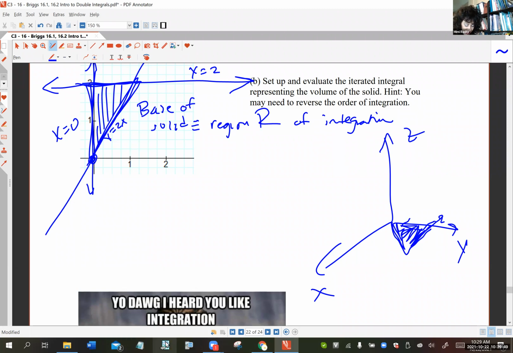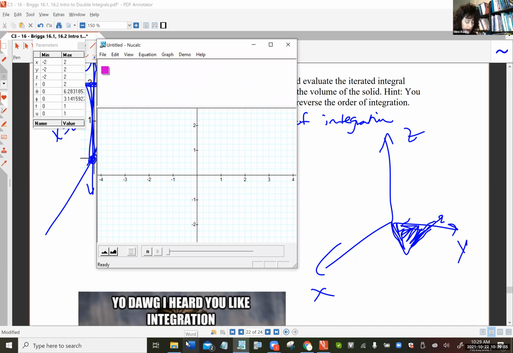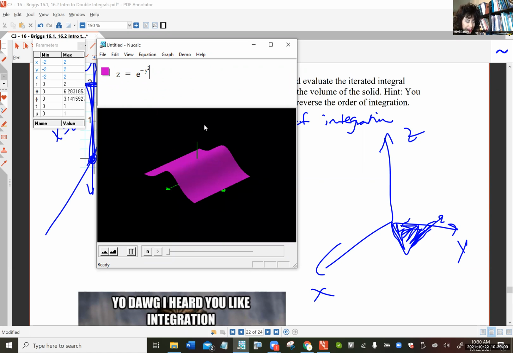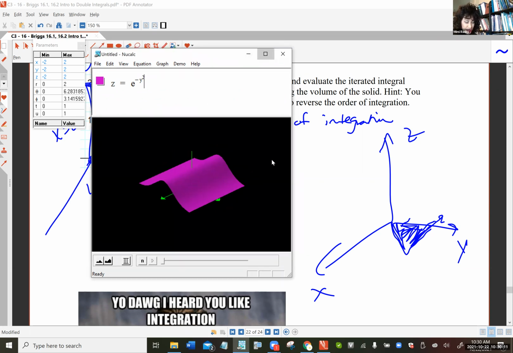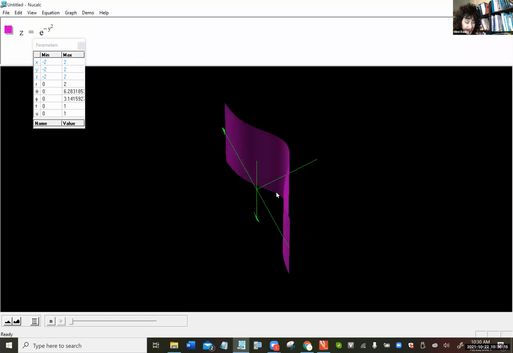So let's take a look. See here at my graphing software. And I have f(x,y), but that's the same as z equals e to the negative y squared power. And this is kind of a cool look. Whoa. Let me boost that look.